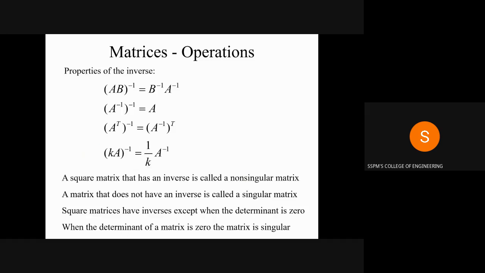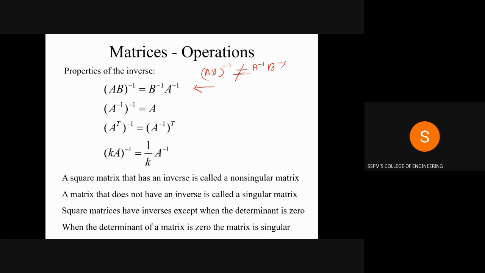Okay, next. Here are some properties of inverse matrices. Sometimes you can mistake the inverse of AB to be equal to A inverse B inverse. This is not true.